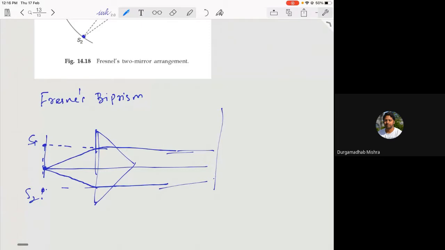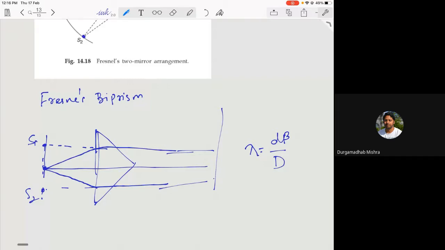These kinds of constructions were developed actually to calculate the wavelength. The use of these geometries was to calculate the wavelength of your monochromatic light, because you can measure the fringe width beta using a micrometer scale, and D is normally well defined, which you can also determine using some lens arrangement.